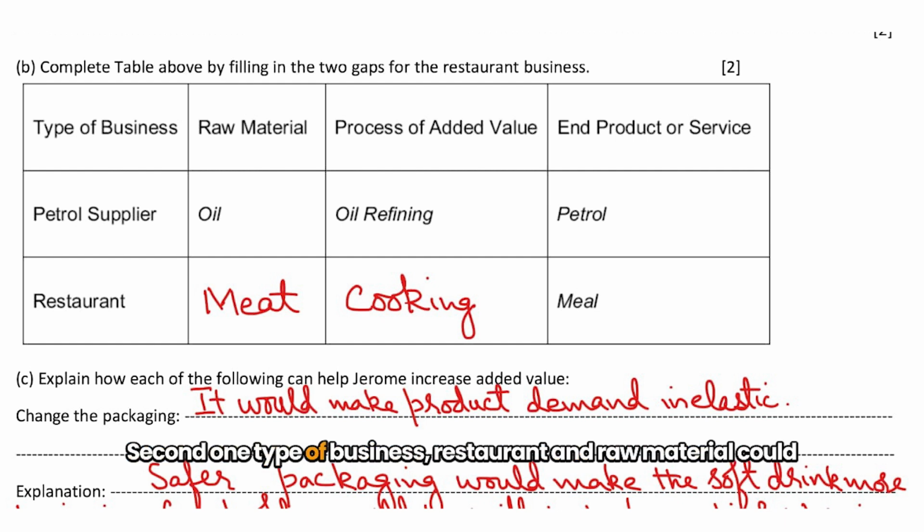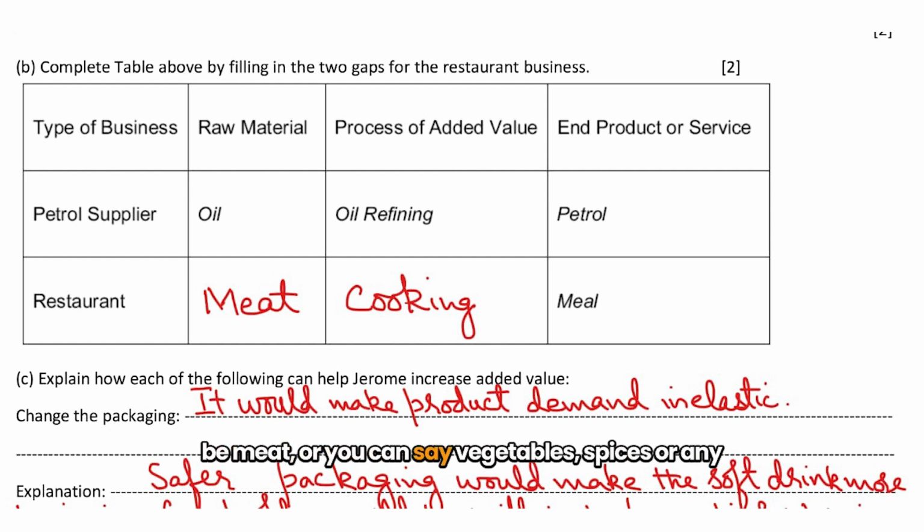Second one, type of business restaurant, and raw material could be meat, or you can say vegetables, spices, or any other item which you feel is required as a raw material for making a meal. Now the process of added value is cooking or frying or baking or whatever you think is actually suitable in a restaurant business. The end product is a meal.